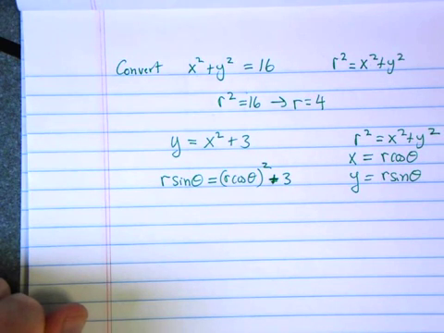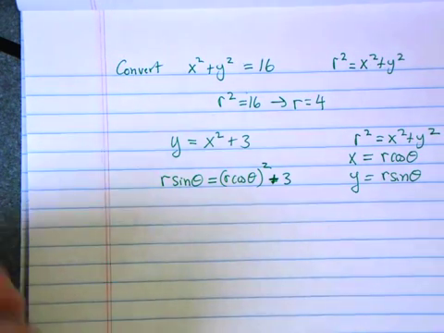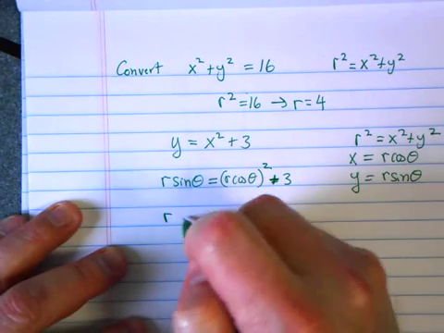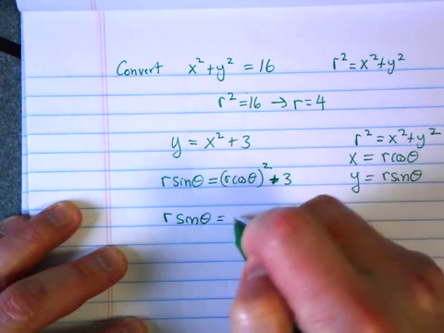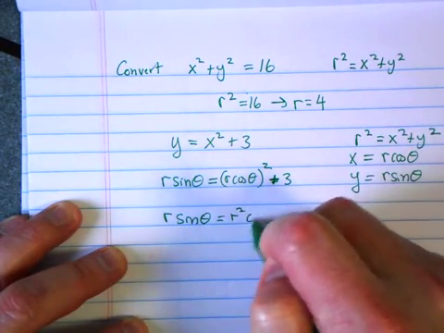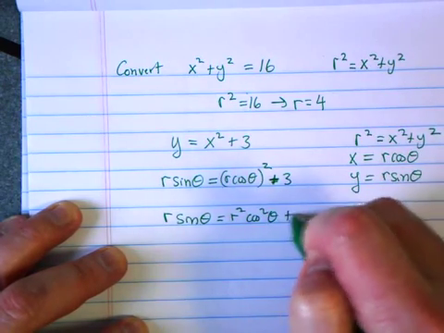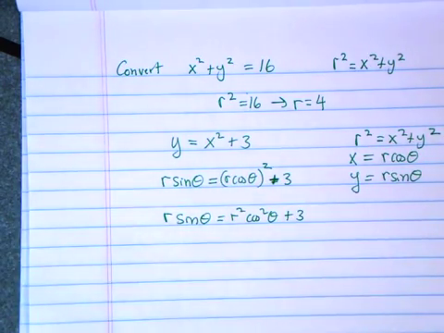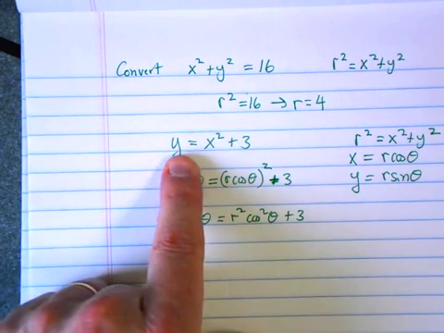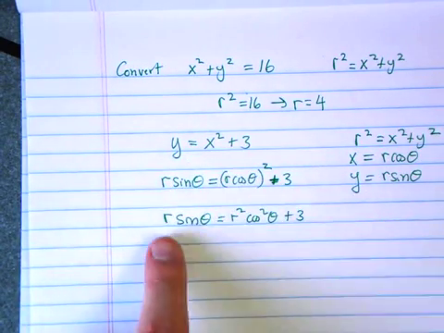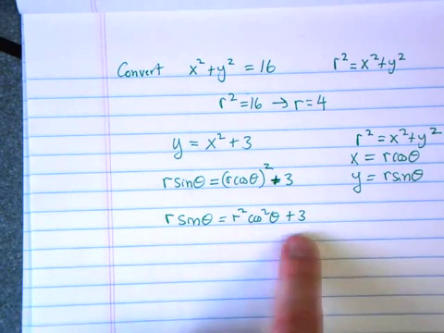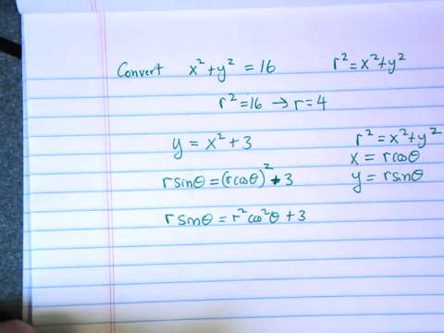Uh-huh. Now, what we do like to do if we can, and I don't think this one's an easy one to do it with, I'm going to rewrite this as r squared cosine squared theta plus 3. Generally, when we write equations using x's and y's, we like to get y all by itself when we can. When we write polar equations, a lot of times we like to get r all by itself when we can.